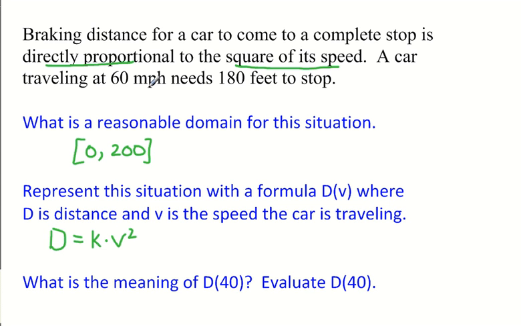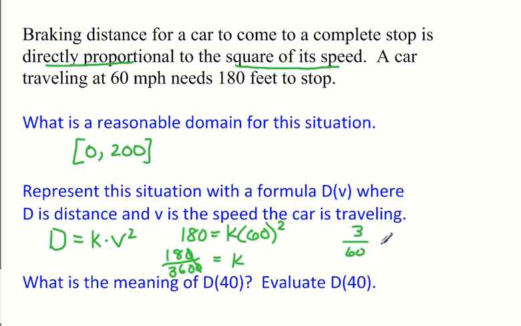Now we got some numbers here, so we can figure out that k. So we know that 180 equals k times 60 squared, and therefore k equals 180 over 3600. Let's see, that probably cleans up nicely. 18 is divisible by 6, so k would be 3, and 360 divided by 6 is 60.